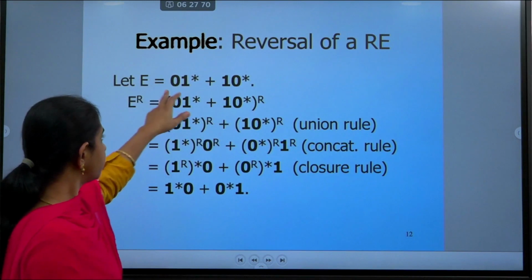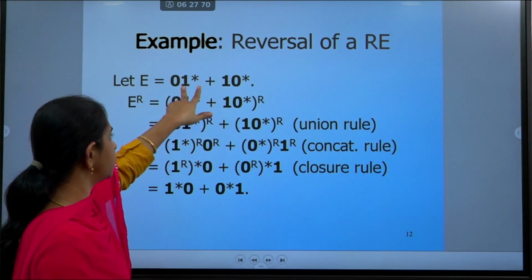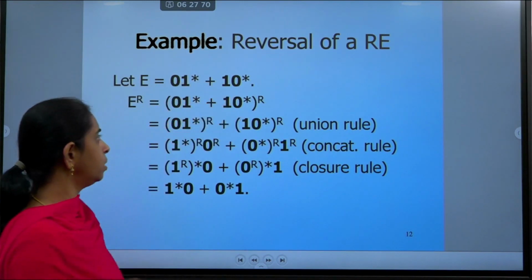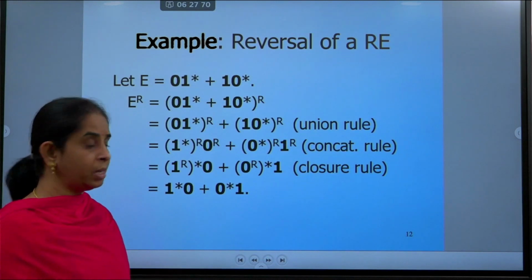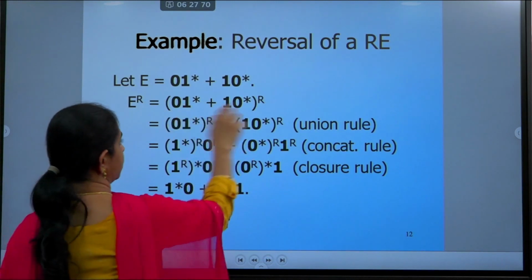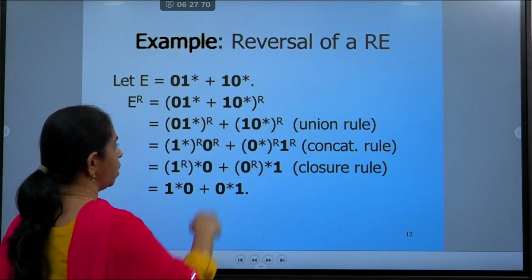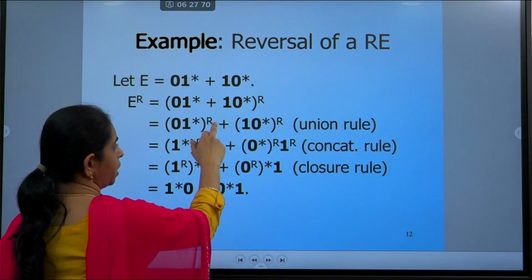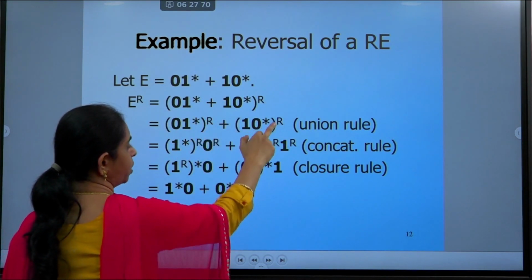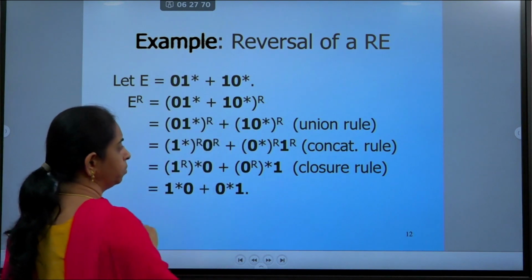Let us see an example. We have taken the expression 0 1 star plus 1 0 star. When you apply the reversal operation to this regular expression, we have 0 1 star whole power R plus 1 0 star whole power R, according to the union rule.